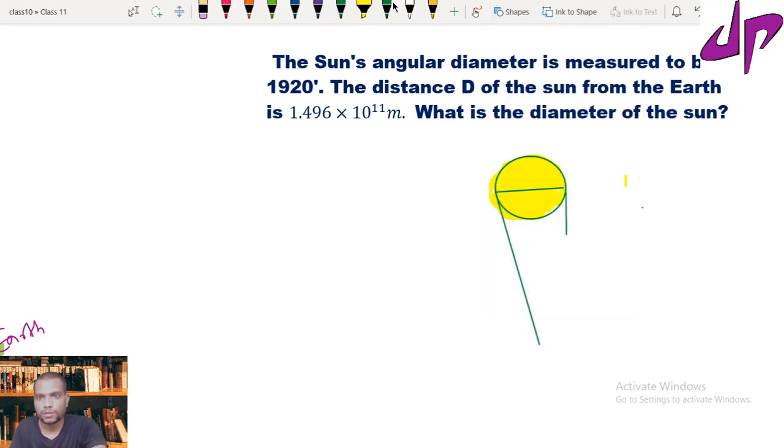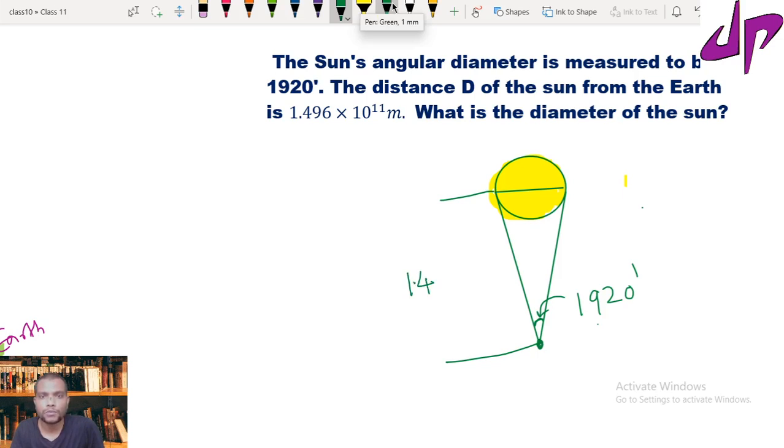These are the two angles at which we measure the diameter of the sun, and this angle is measured in minutes, 1920 minutes. The distance from the earth to the sun is already given, 1.496 times 10 power 11 meters. Now we need to find AB, where AB is the diameter of the sun.